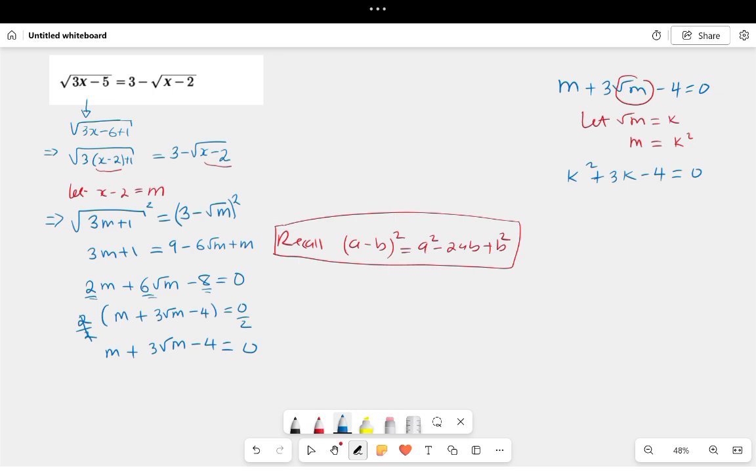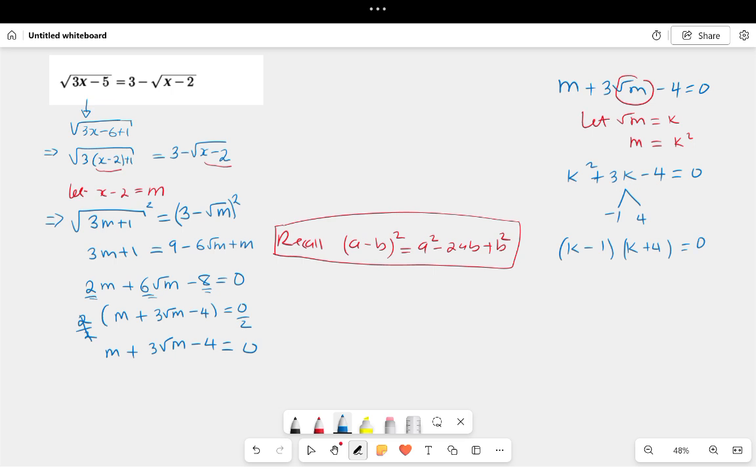Now, this is a very easy quadratic equation to factorize. We need numbers that add to get 3, but when multiplied, give negative 4. They're actually negative 1 and 4. And therefore, by factorization, this quadratic is going to be k minus 1 and k plus 4, which equals 0.